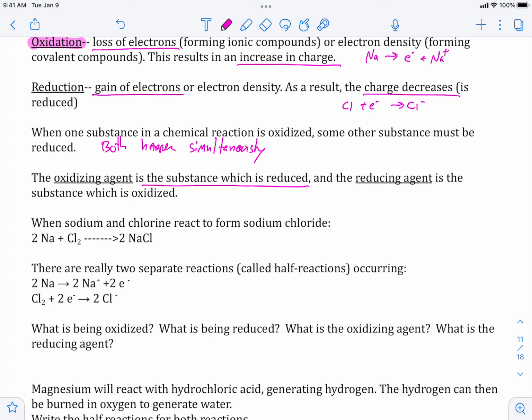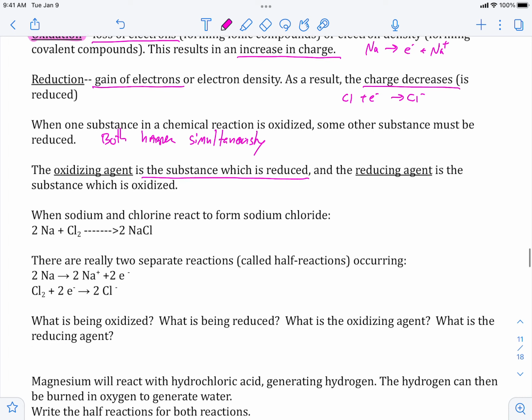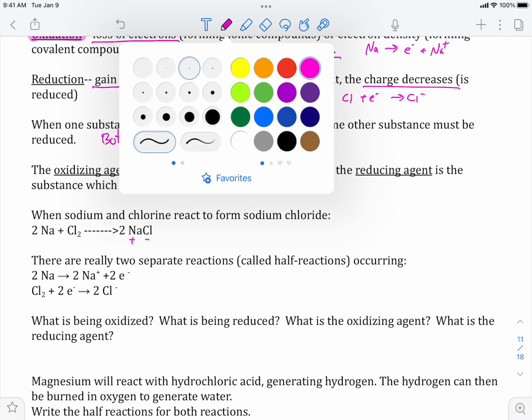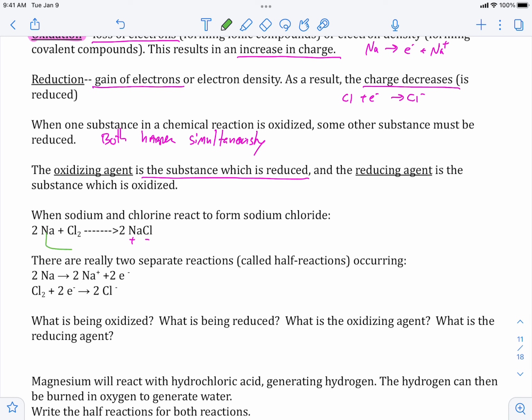Okay, so here's sodium reacting with chlorine to form NaCl. So in NaCl, if I asked you to look up the charge of sodium and chlorine, you'd be able to look up to your chart sheet, or you would just know that sodium is positive and chlorine is minus. Okay, so let's track these. The sodium went from being alone, and anytime an element is alone, if there's no charge written next to it, there's no charge.